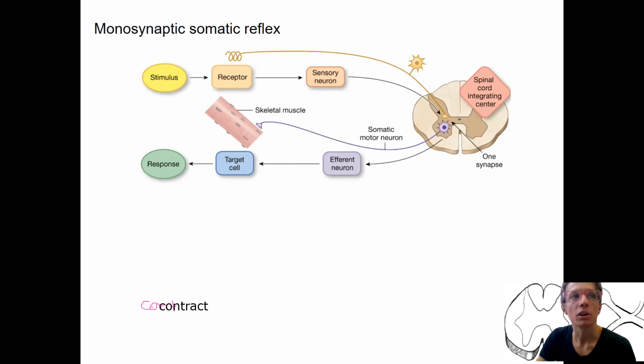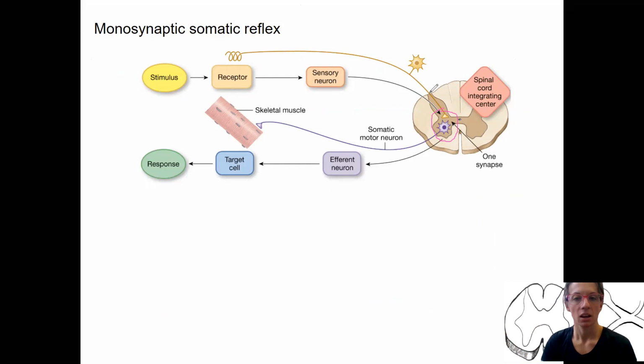There are different numbers of synapses that can occur with a reflex. Monosynaptic, what does that mean? That means one synapse. That is what's shown right here. Monosynaptic means two neurons involved. Two neurons means one synapse.